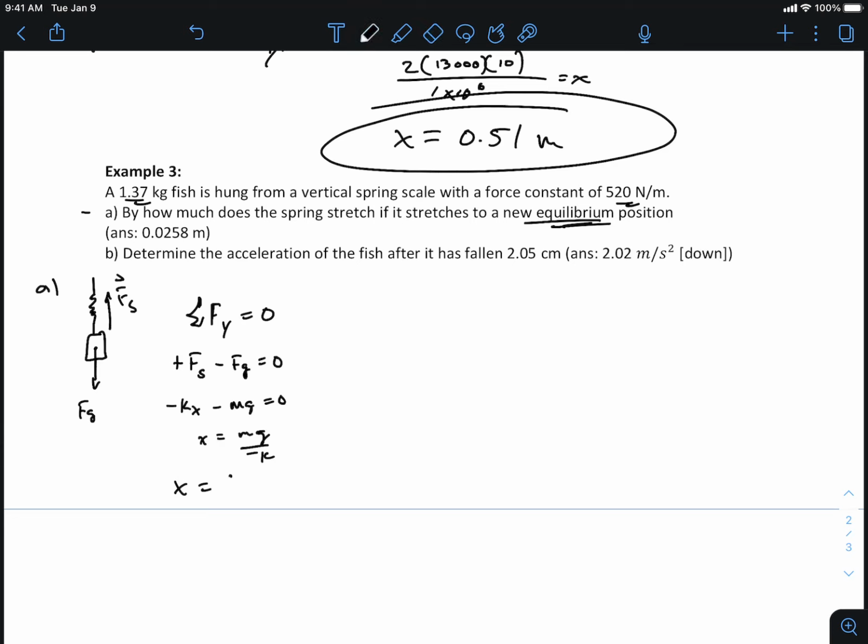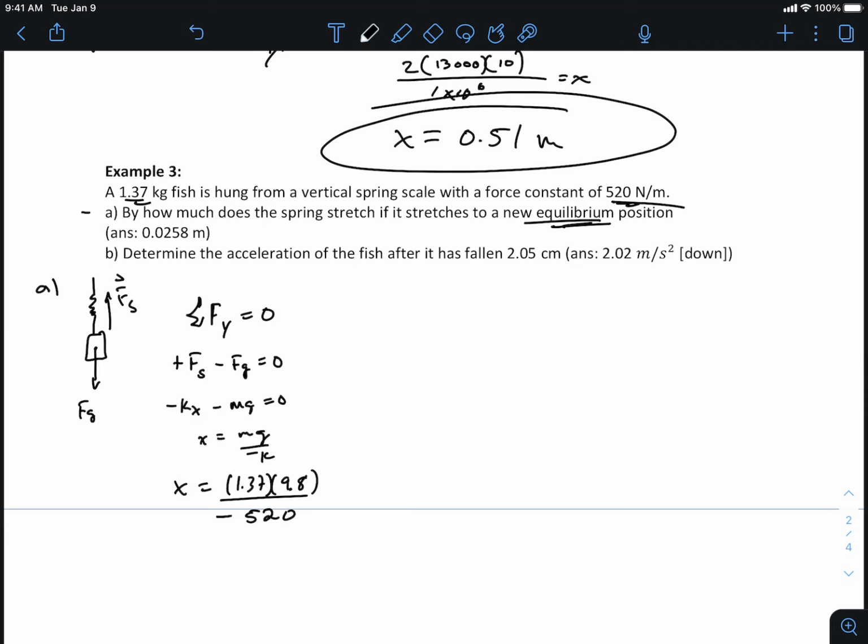We know the mass of the fish, 1.37 multiplied by 9.8. That has to be divided by k, the spring constant, which we see is 520, right? And that has to be negative. It was negative from up here when we brought it down.